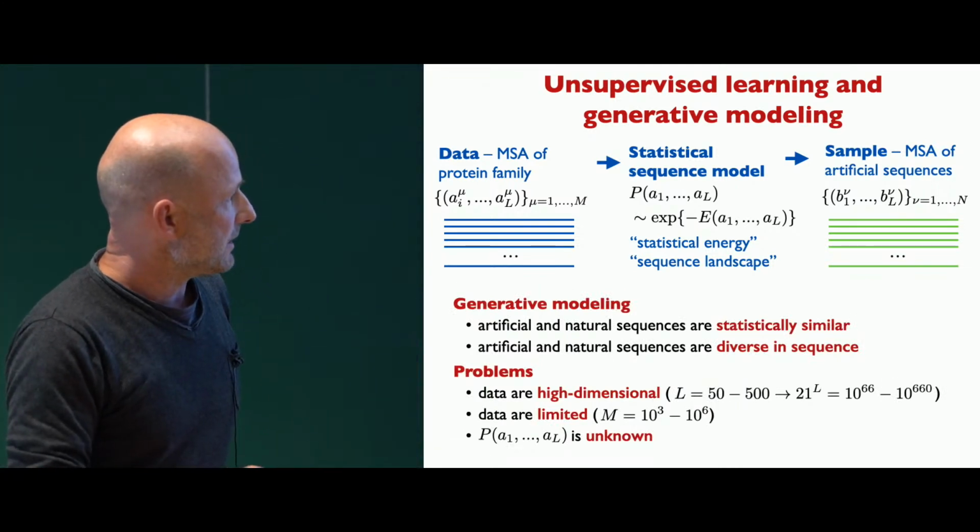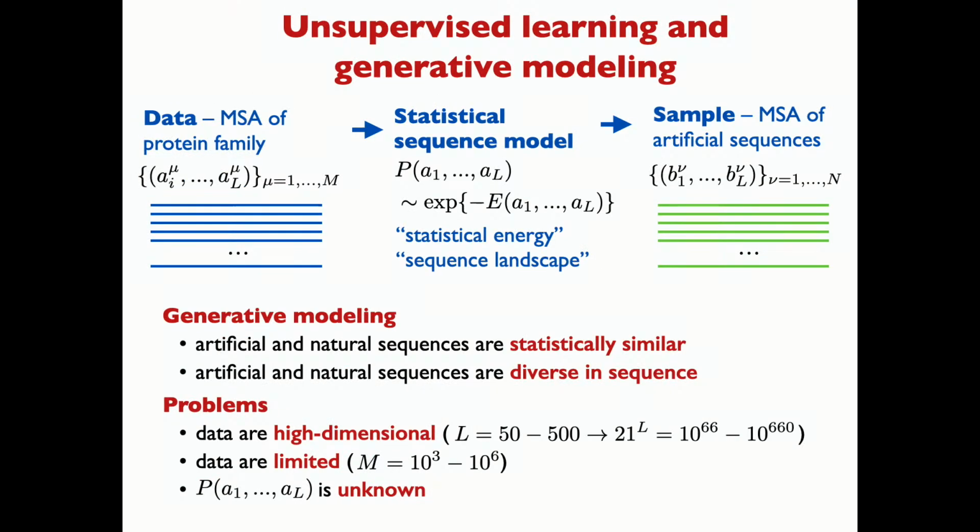So if I talk about generative modeling, it's a bit easier a concept, or a bit different at odds from, for instance, what Marie-Lou said this morning. Because what I just say is, if I sample, then my sampled sequences should capture the statistics of the natural sequences.